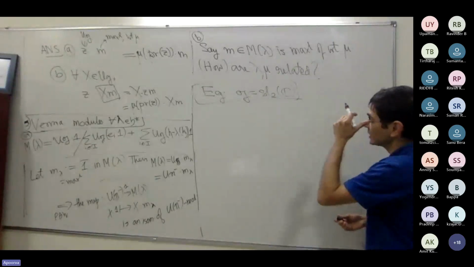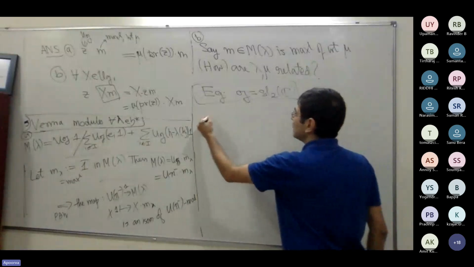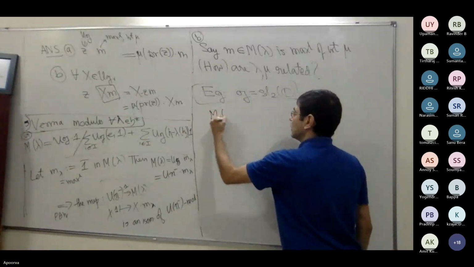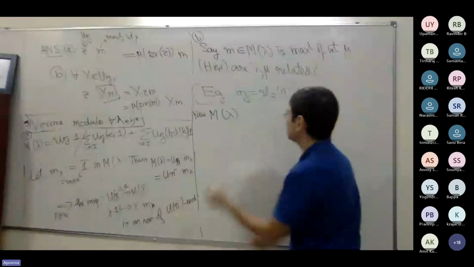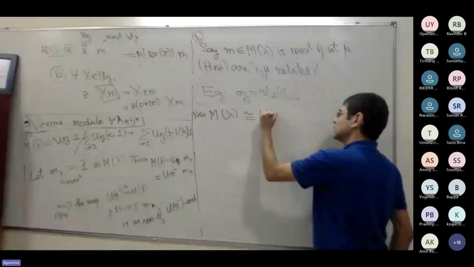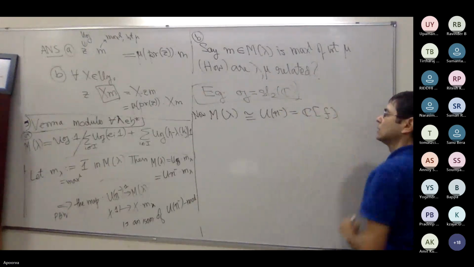Yeah, so what happens then is that you have to do SL2 theory, which I'm not going to do. But basically, you see that the Verma module here, M lambda, because of what I just wrote here, is isomorphic to UN minus, which is just the polynomial ring.